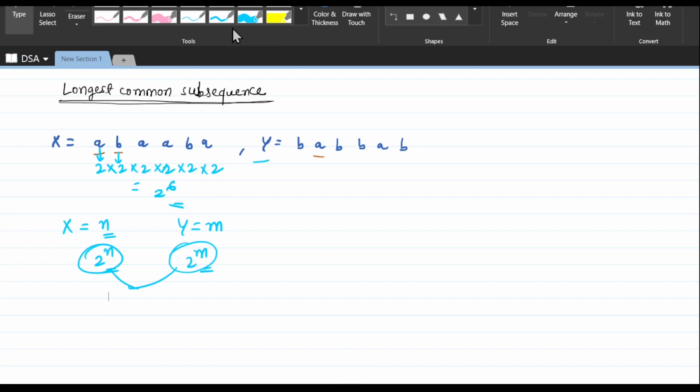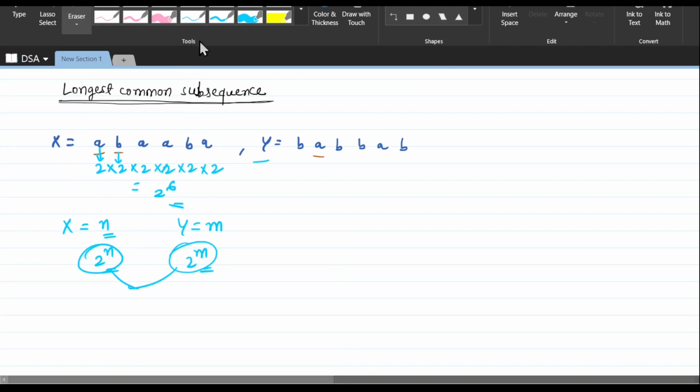So the better way to solve this is using dynamic programming. Let's see how we apply it for this example. Let me do the indexing of this string 0 to 5, and this is also 0 to 5.